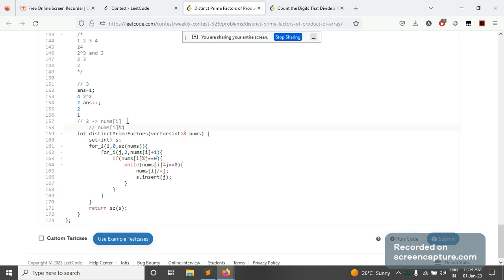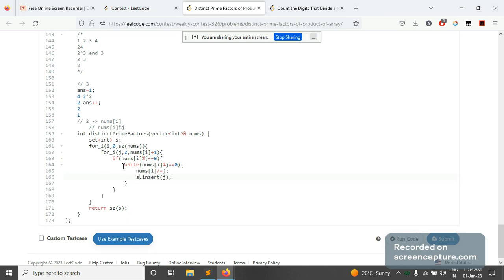I'm trying to divide that number with the smaller numbers from 2 to that value. If this number is divisible, then continue to divide that number, and store that prime factor in the set. This will keep account of the distinct values.